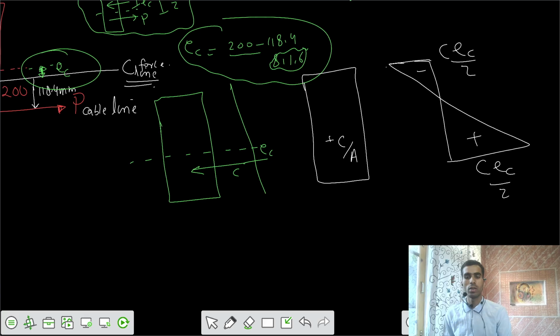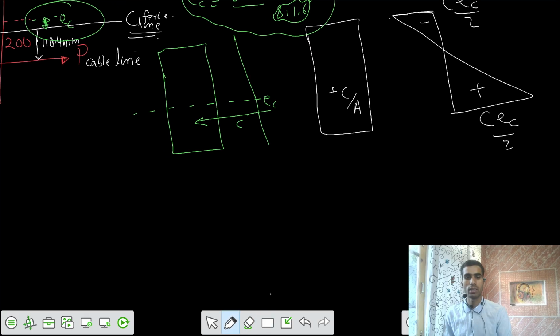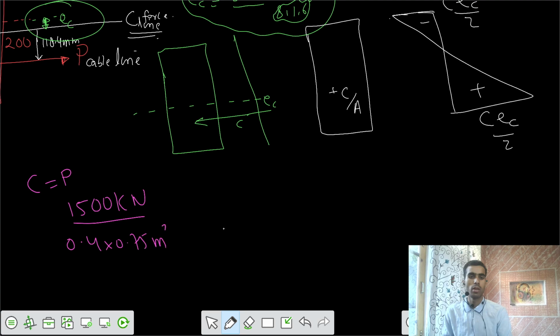We can solve all in these two. We don't have to solve for the moments in this method. Your C force is always equal to the P force, that means 1500 kilonewton divided by the area of the cross section. And this is your stress at the top.